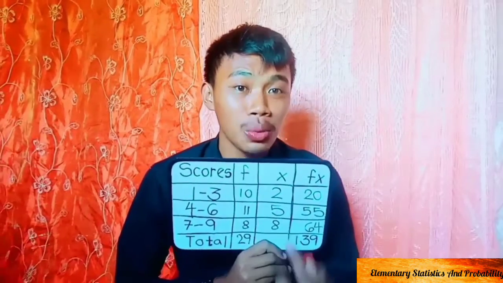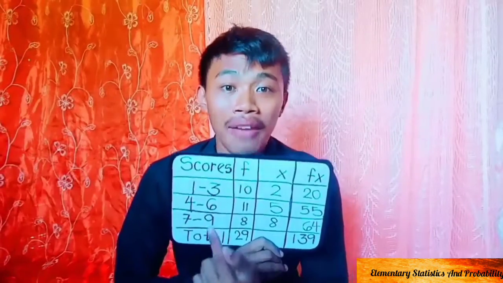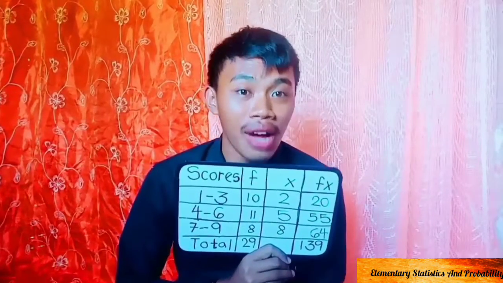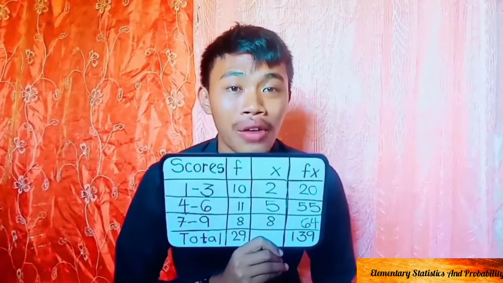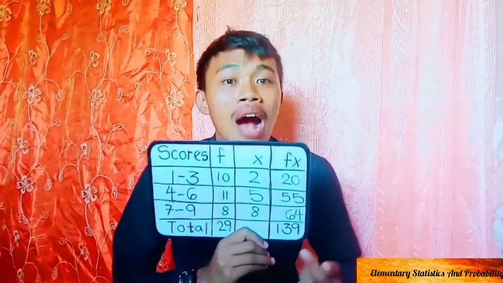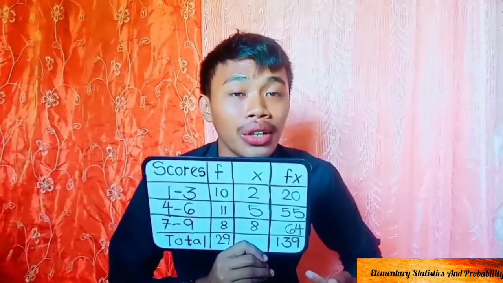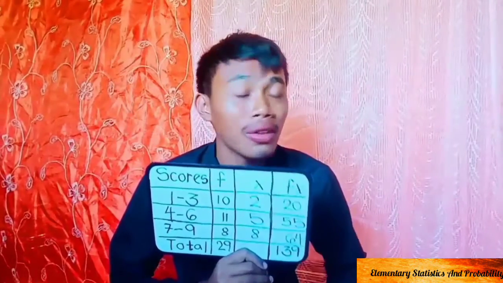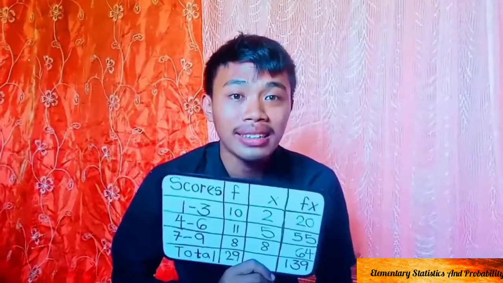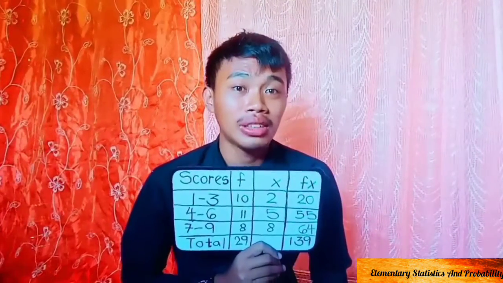So 10 times 2 is equal to 20. So 11 times 5 is equal to 55. 8 times 8 is equal to 64. The total of 139. So 139 is the value of our summation of f of x.